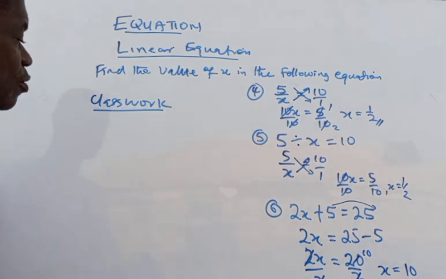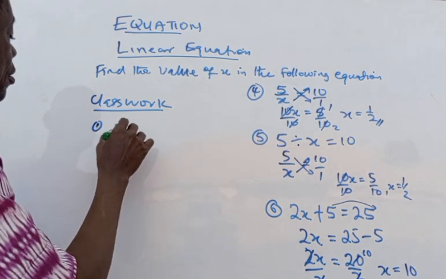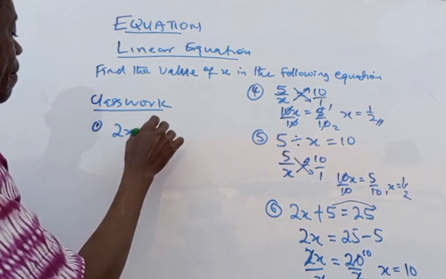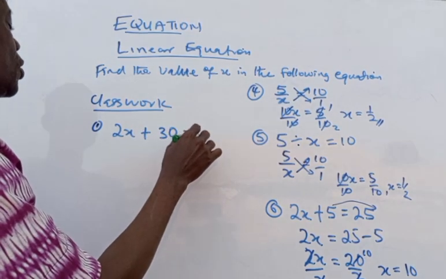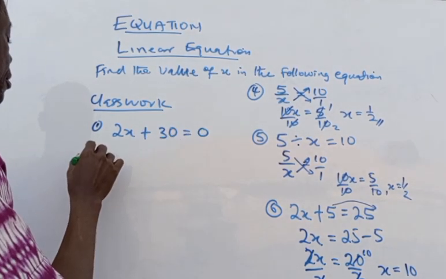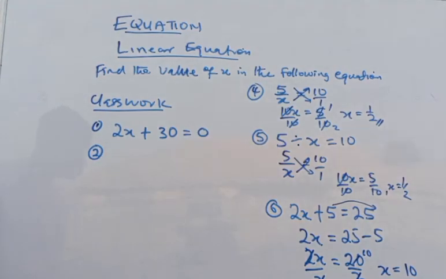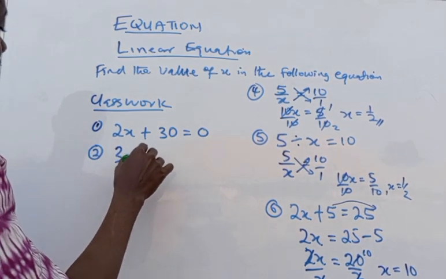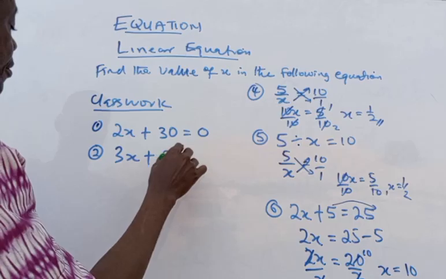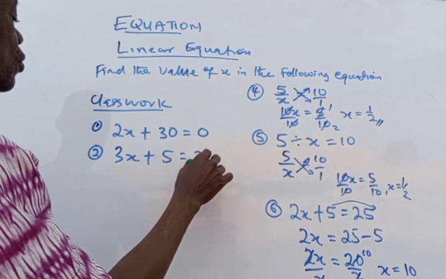Number one, 2x plus 3 is equal to 0. Number two, 3x plus 5 is equal to 20.